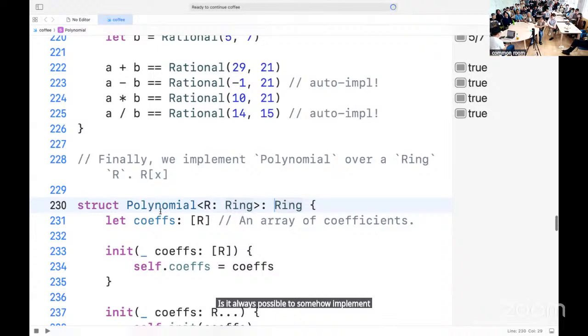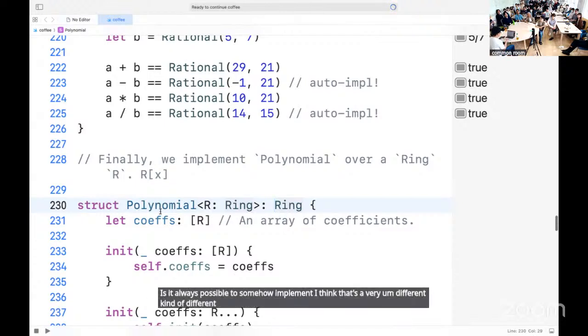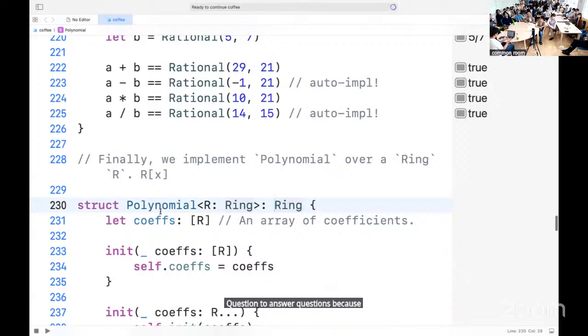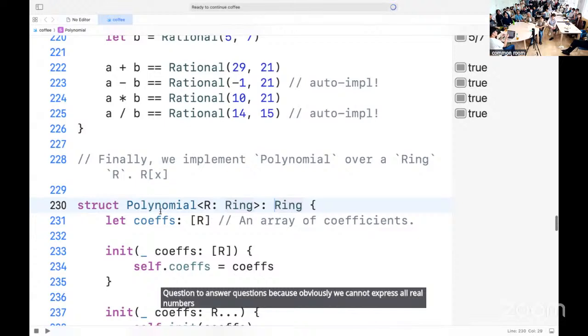I think that's a very different, difficult question to answer, because obviously we cannot express all real numbers as code, because programming can only handle finitely many things, and there are uncountably many real numbers.